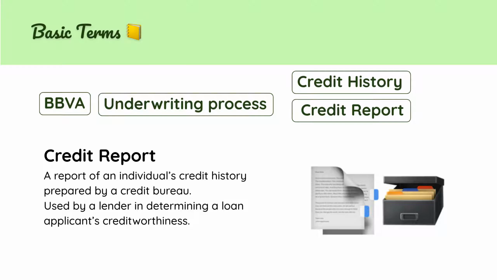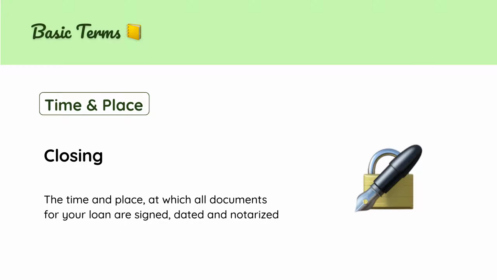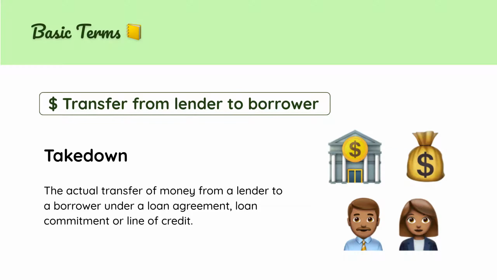So, let's say my loan application was successful and was approved. So, the closing is going to be the date and place at which all documents for my loan are signed, dated and notarized. The takedown is the actual transfer of money from a lender to a borrower under agreement.